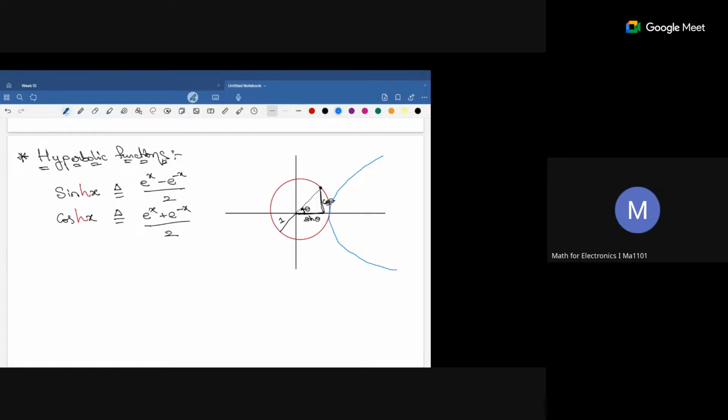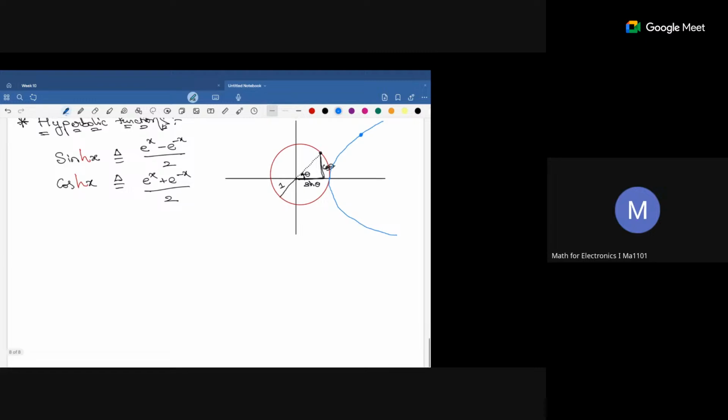Any point you pick, for that value of x, this y-axis gives you the sine hyperbolic of x.